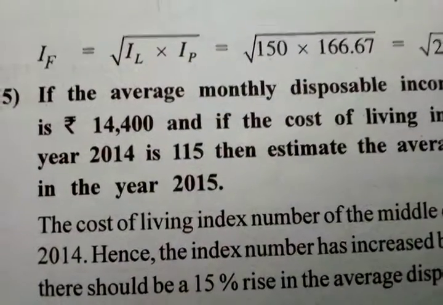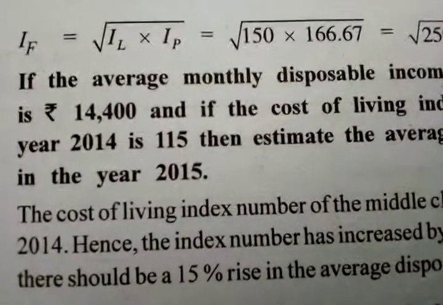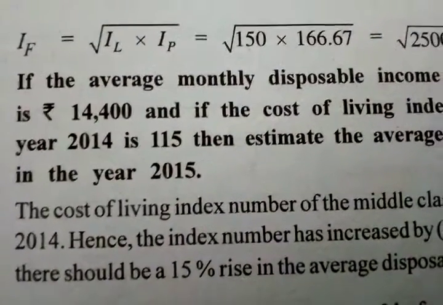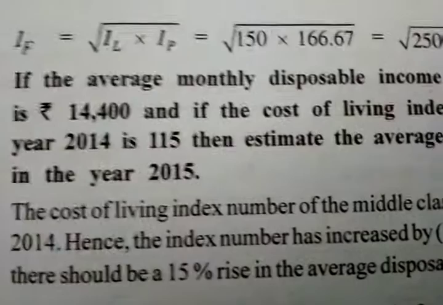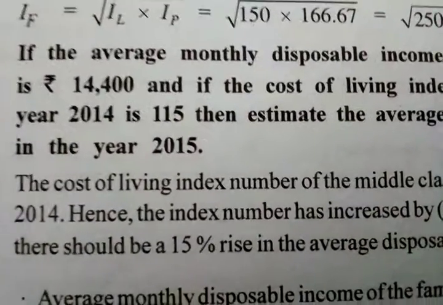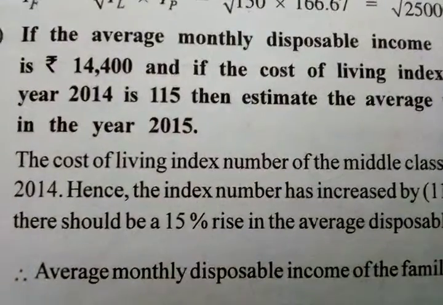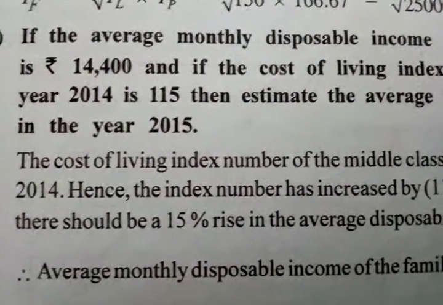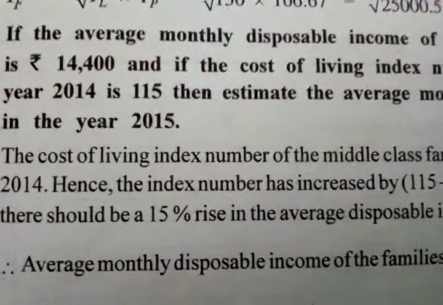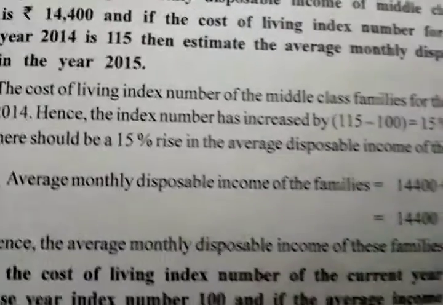So the average monthly disposable income of 2014 is given, the cost of living index number is also given, and we are asked to find the disposable income of 2015. That means how much the family can spend in 2015 if they want to maintain the same standard of living.